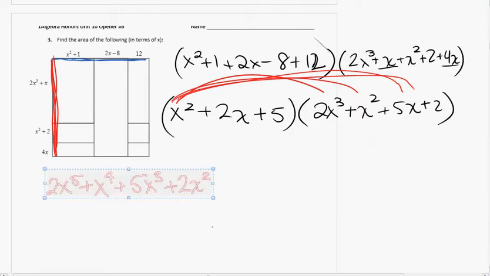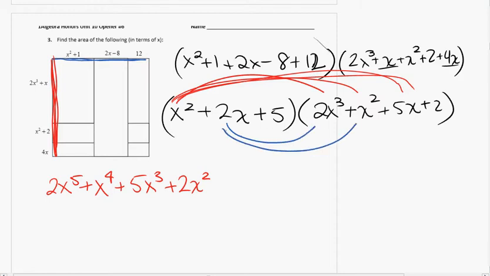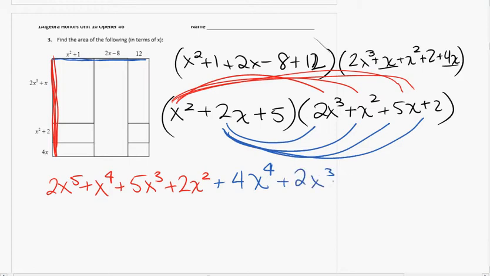I'm going to move it over here. The second one, distribute the 2x to each of these. So I get plus 4x to the 4th plus 2x cubed plus 10x squared plus 4x.